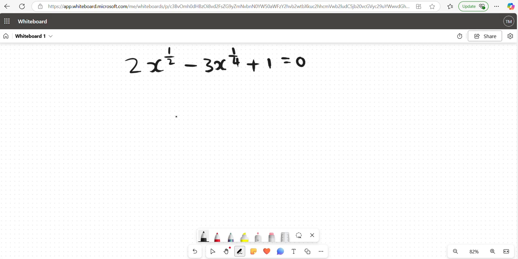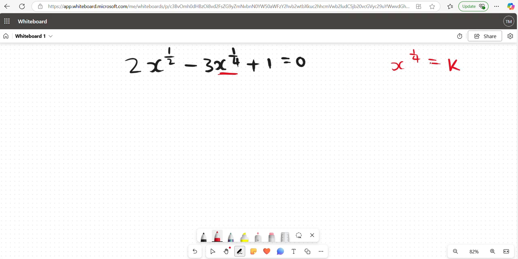So one thing you need to notice is that we need to use k-factor. And the way I'm going to use k-factor is that I'm going to call this guy k. Not the second guy, but the one with the lowest exponent there. I'm going to call that k. So I'm going to say x to the power of 1 over 4 is equal to k.